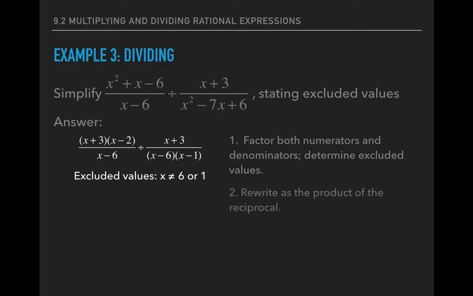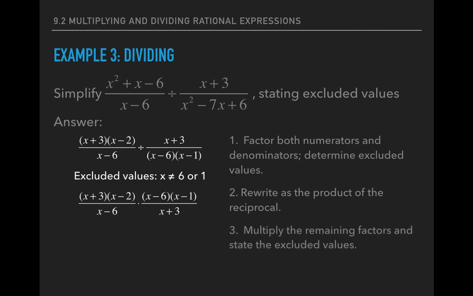All right, now, instead of dividing, we are going to rewrite this as multiplying by the reciprocal. So you'll see that the second expression has been flipped. The numerator and denominator have been flipped. That is called the reciprocal.